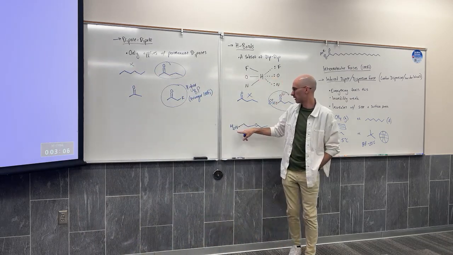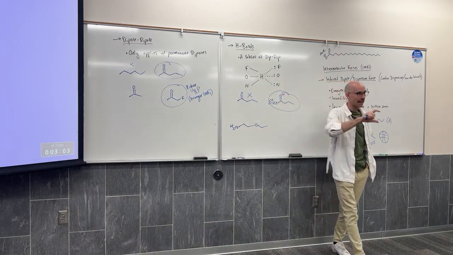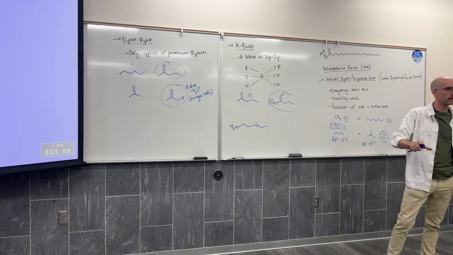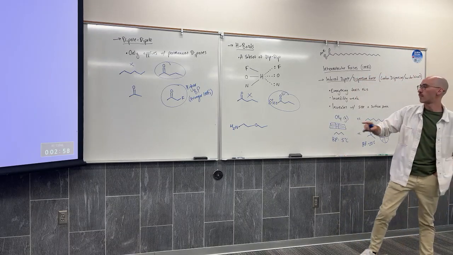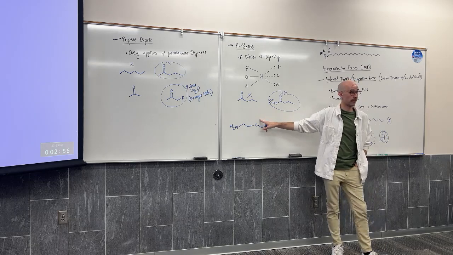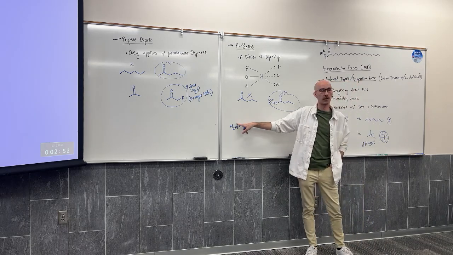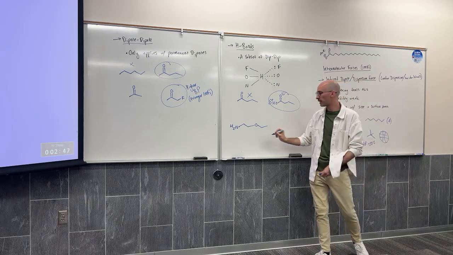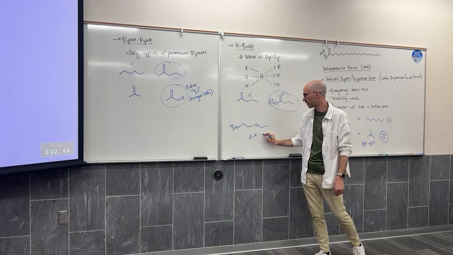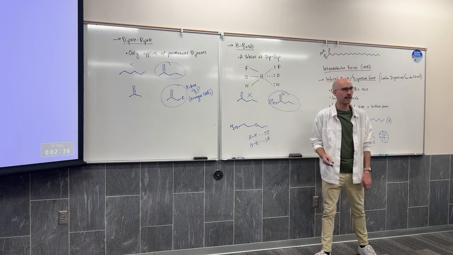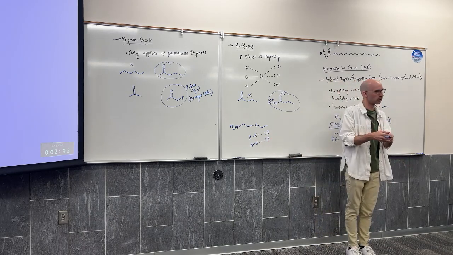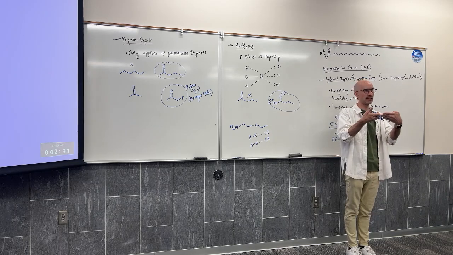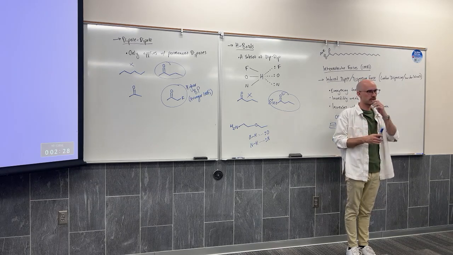It's the nitrogen bonded to hydrogen, and that hydrogen will be able to hydrogen bond with the lone pair on oxygen and the lone pair on nitrogen. So in a pure sample, hydrogen bonding could be the NH interacting with the lone pair on O, and it could be the NH interacting with the lone pair on N. Obviously not the same molecule. You would need two molecules to have that intermolecular attraction.